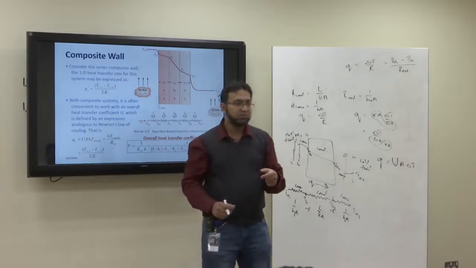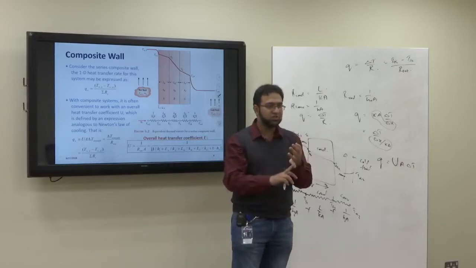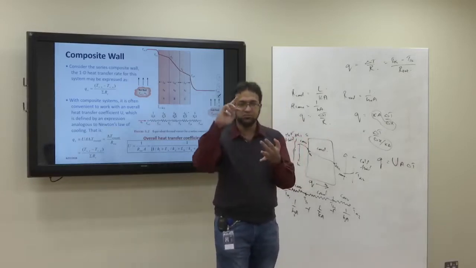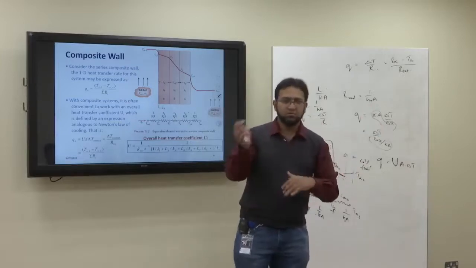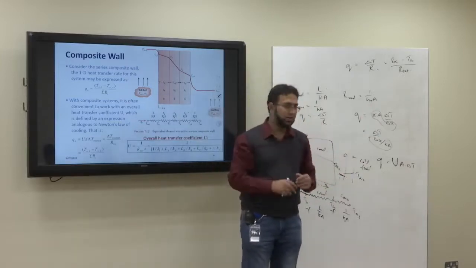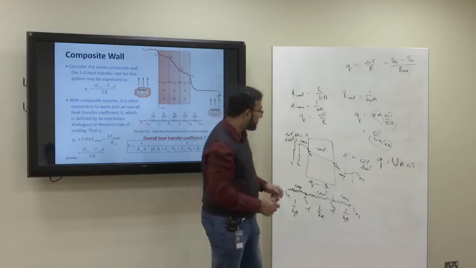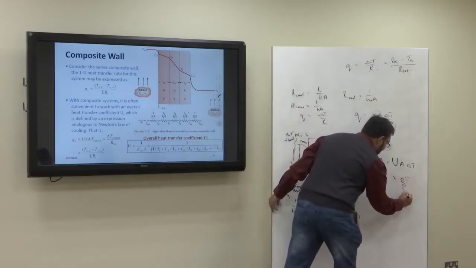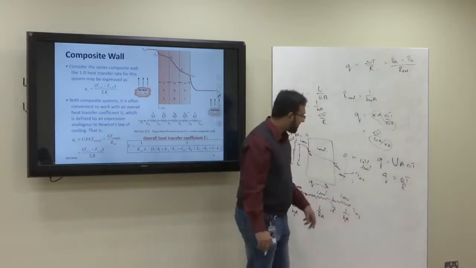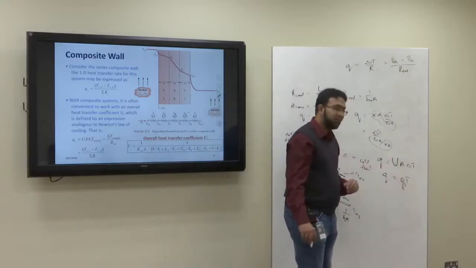H was the convective heat transfer coefficient, but U is the overall heat transfer coefficient. Because U could be composed of convective resistance, multiple conductive resistances in series and parallel, and radiative. So you know that Q is equal to delta T upon R. What's the relationship between UA and R?